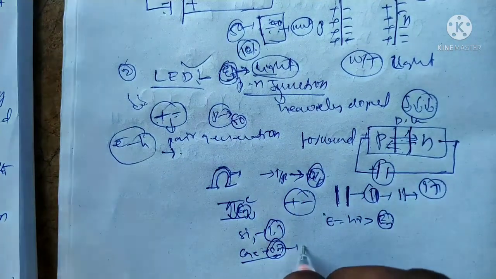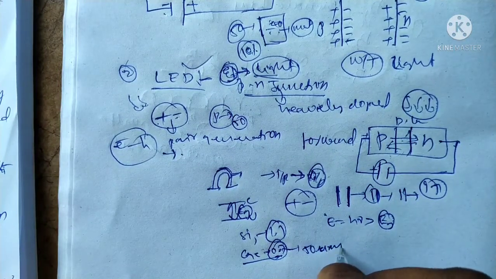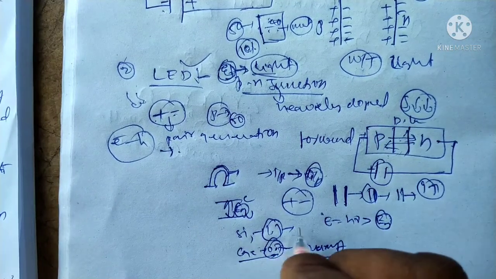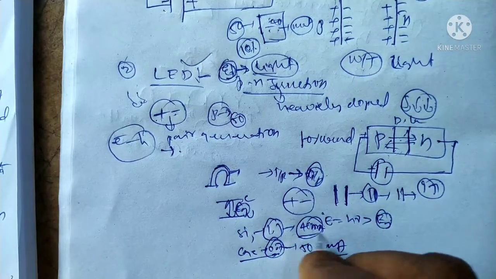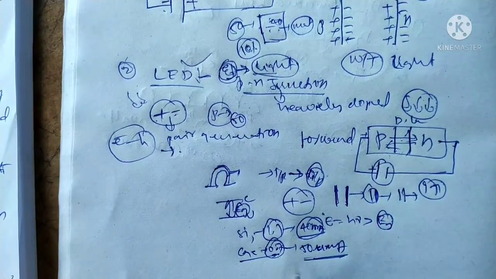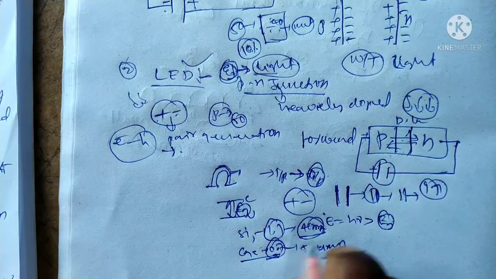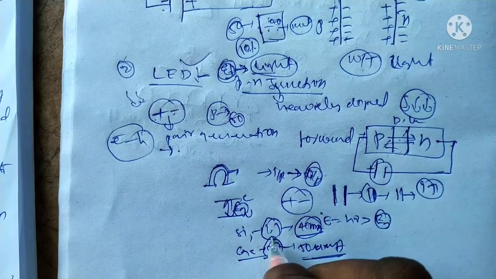Suppose we get 50 milliamperes in the case of forward bias for germanium, and 40 milliamperes for silicon, which is lower, because germanium has a low band gap, meaning the depletion layer is very small compared to silicon.